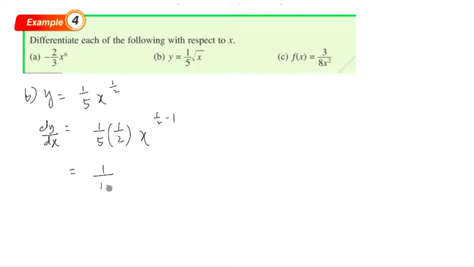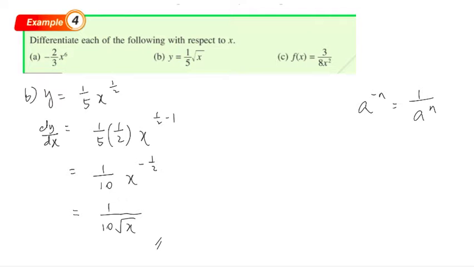So you will get 1 over 10 x^(negative 1/2). And we will leave for our final answer 1 over 10 square root of x, because a^(negative n) equals 1 over a^n. So the x goes down, and then square root here.